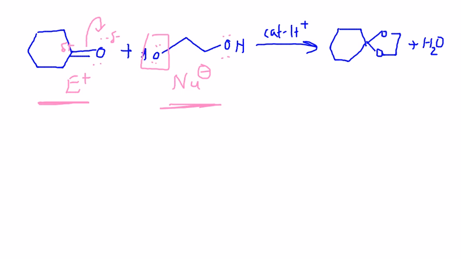So one way or the other, you would have a better reaction. Either acid catalyzed, which will improve the electrophile, or base catalyzed, which will improve the nucleophile, is the way to go. So how do we go about this?